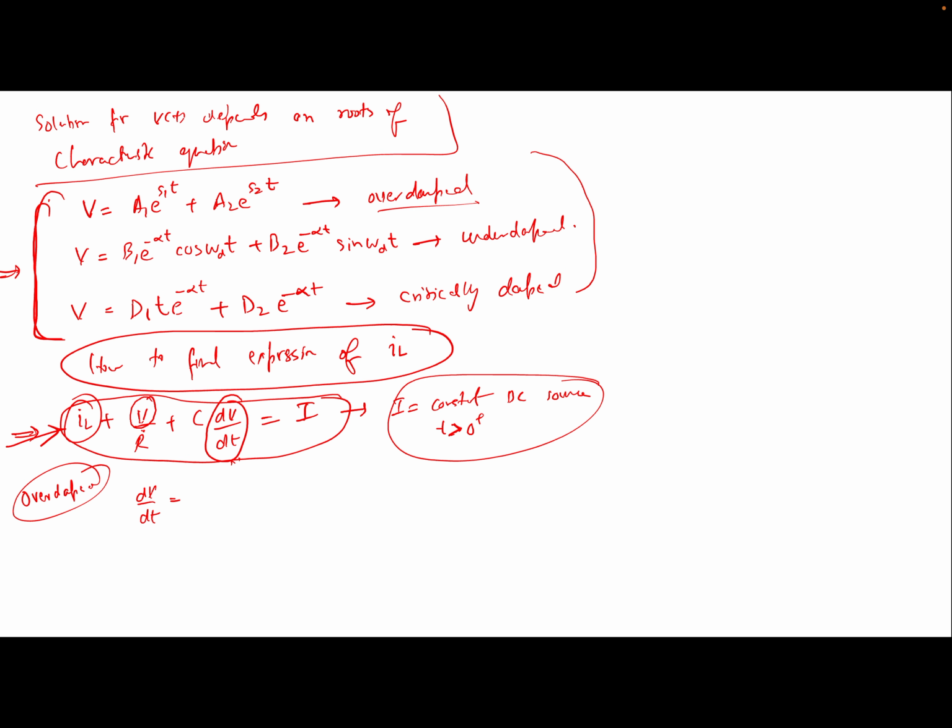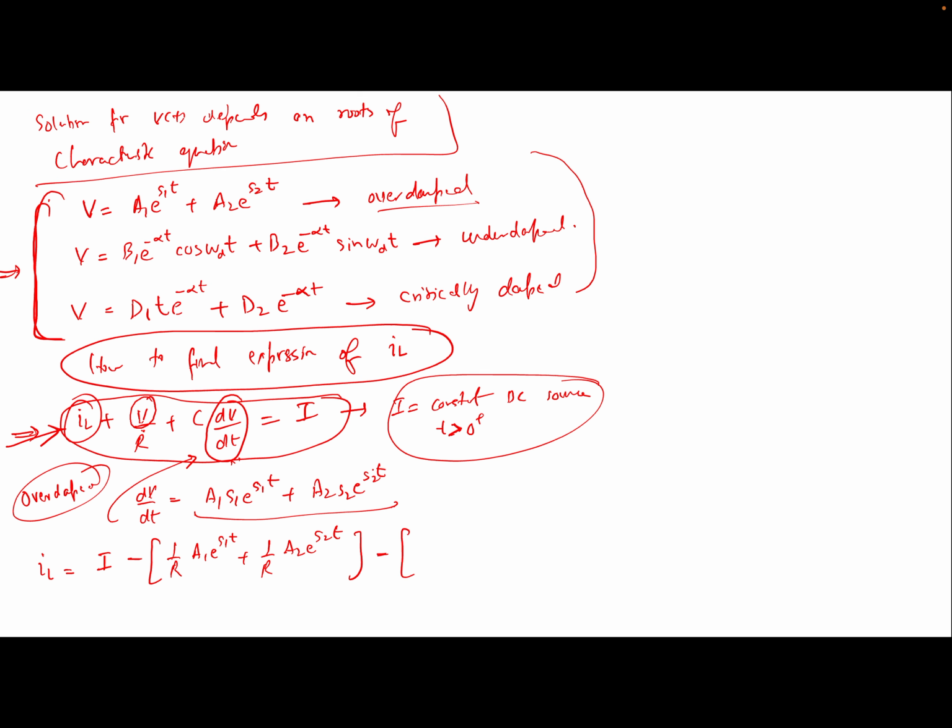dV by dt is going to come out to be a1 s1 e raised to power s1t plus a2 s2 e raised to power s2t. You can replace this along with the expression of V. So you're going to get IL equals I minus V over R, which is 1 over R times a1 e raised to power s1t plus 1 over R a2 e raised to power s2t, minus C times dV by dt.